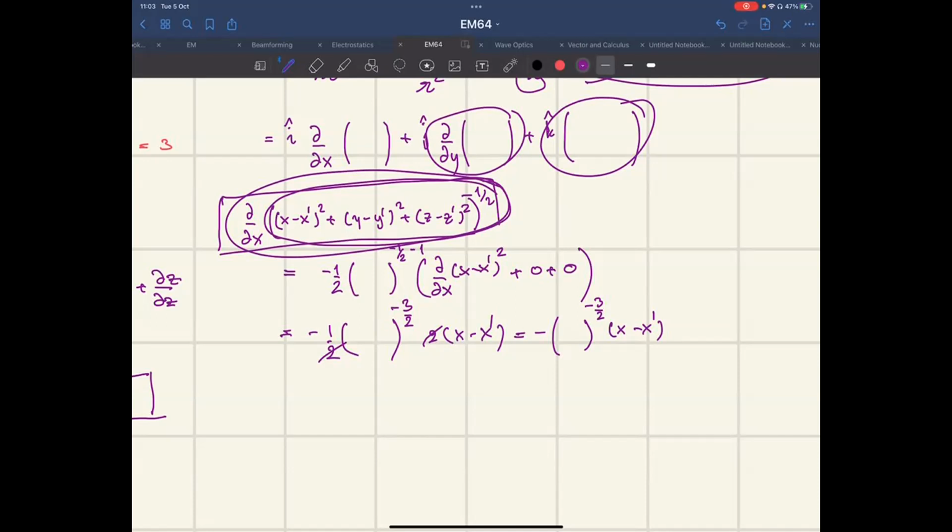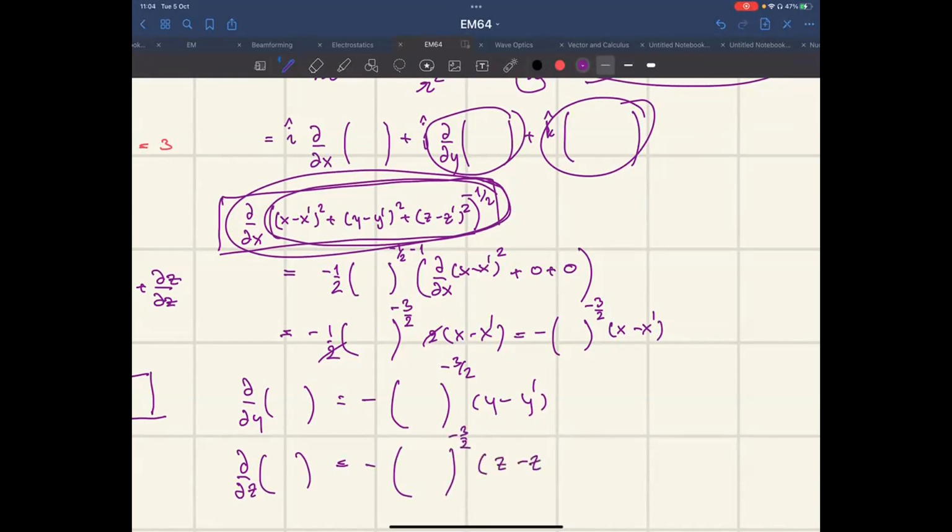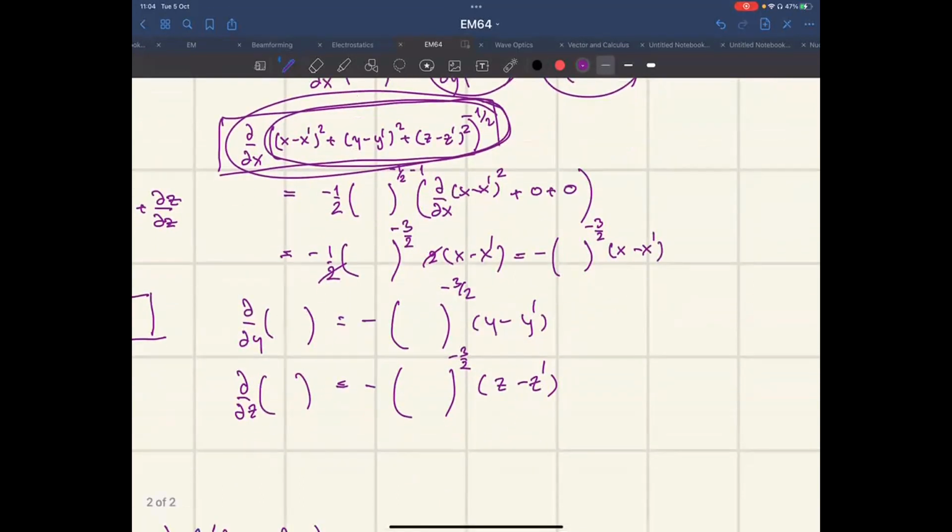If we consider d by dy of the whole bracket, we also have minus 3/2 and it becomes y minus y prime. Any question? Also in the z direction, we have the same thing, just a different last term. All right.